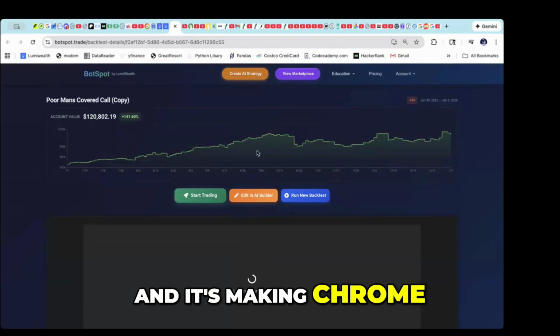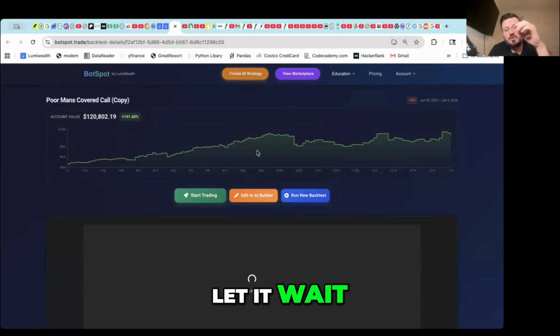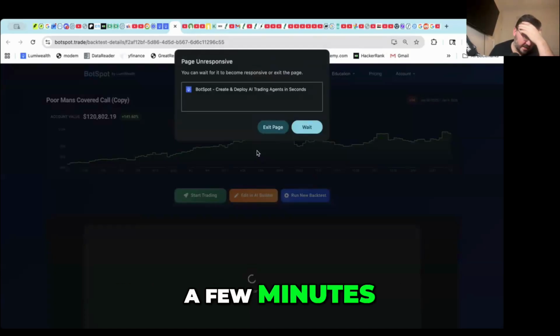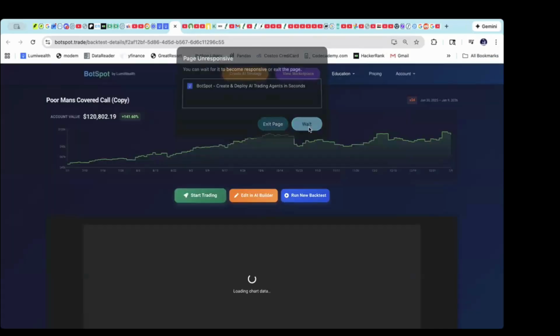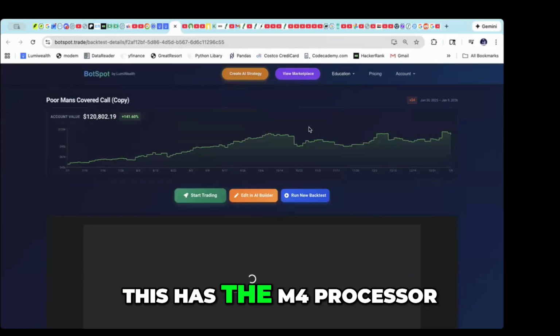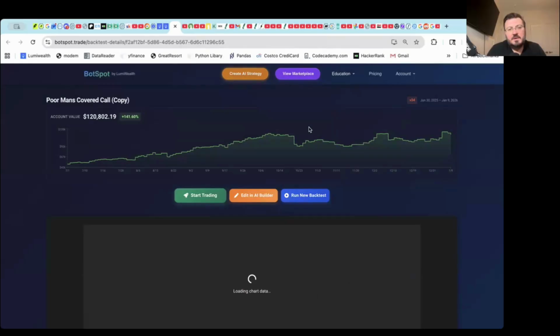It's making Chrome think the page is unresponsive. If you just let it wait, it'll probably load. It's just a lot of data. Give it a few minutes, depending on how fast your computer is. Well, this has the M4 processor, so hopefully it should be pretty fast.